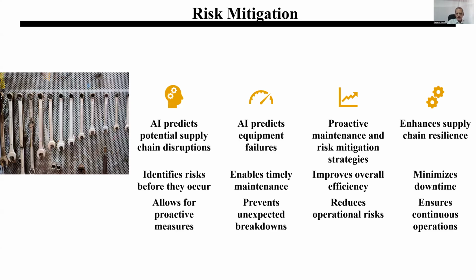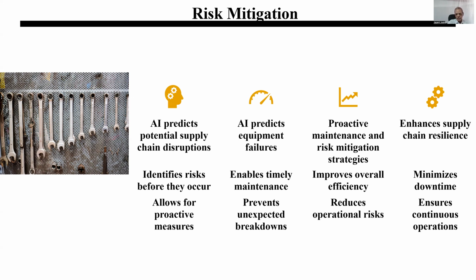Then comes risk mitigation. As we see, there are always risks in every process and every automation. I have considered a few of them. AI predicts potential supply chain disruption.